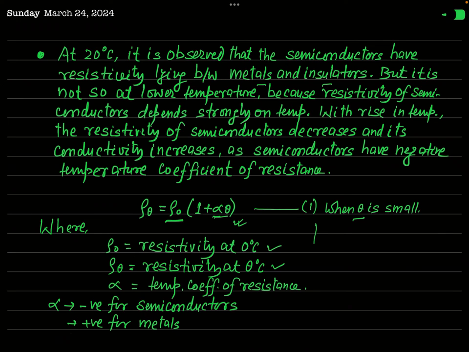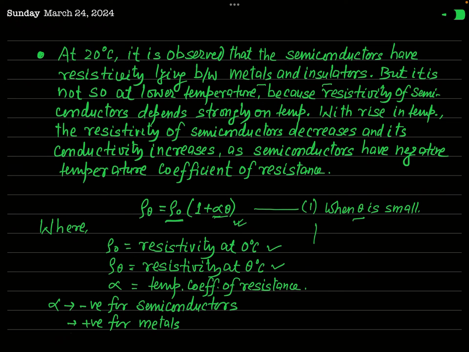But if theta is not small, then inside this bracket other terms will also be present. Higher powers of theta will also be present, that is, 1 plus alpha theta plus beta theta square and so on. But if you are talking about a smaller temperature, like 20 degrees C, 30 degrees C, that is not a very large temperature.